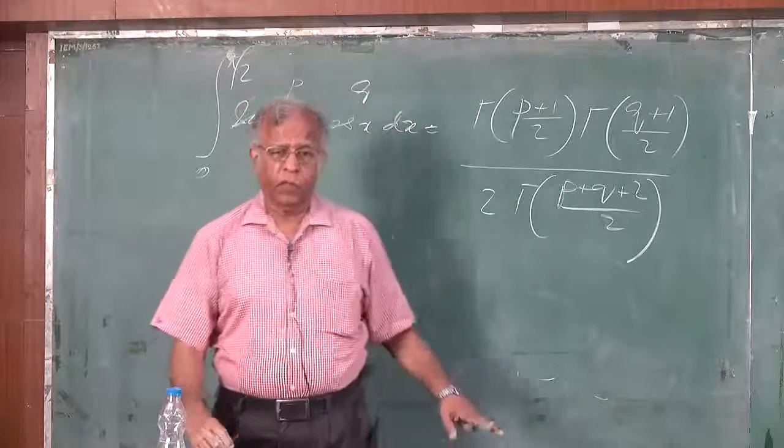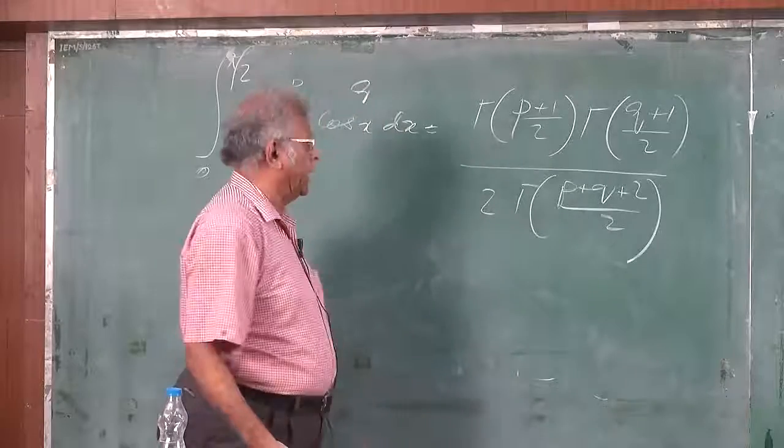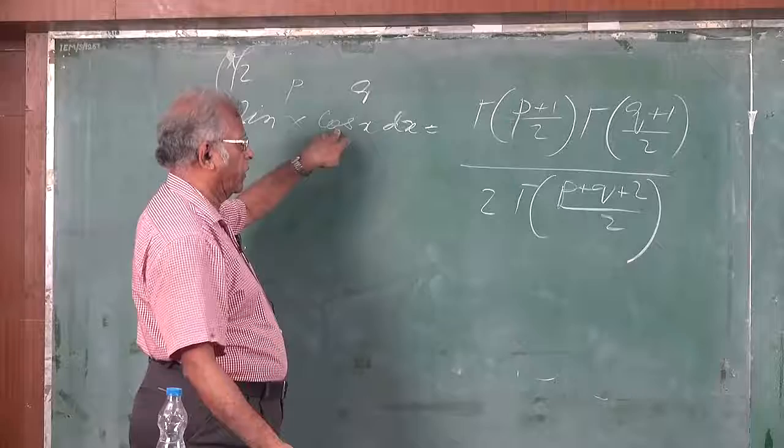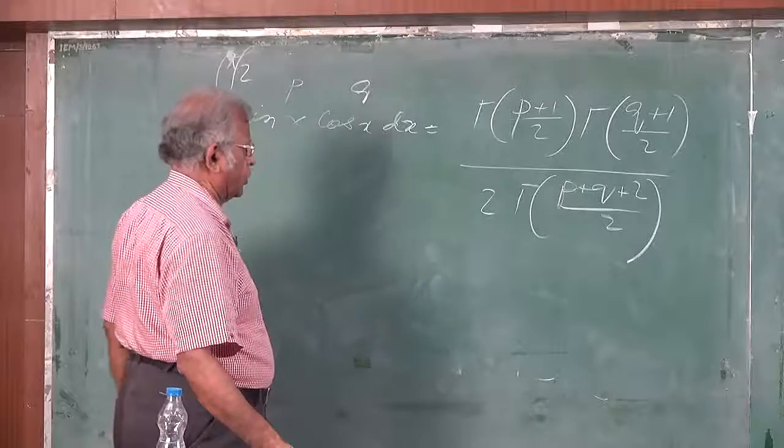This is a standard formula that reduces any integral of the form 0 to pi by 2 sine to the power of p cos to the power of q in terms of gamma functions.